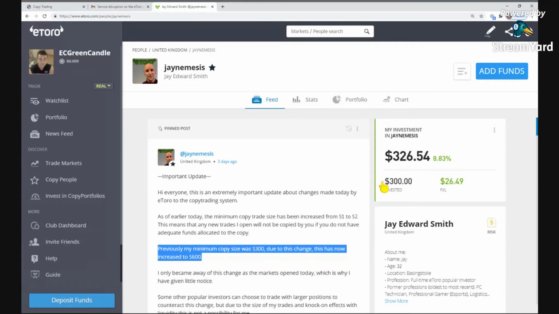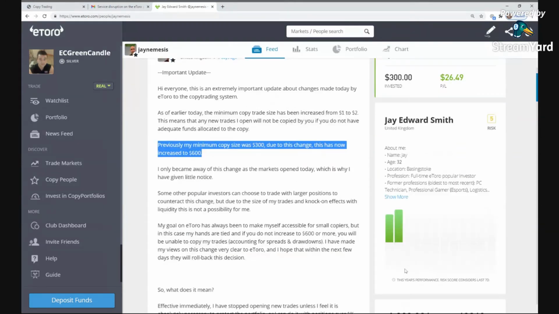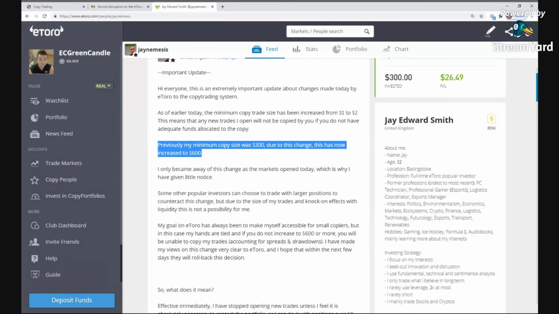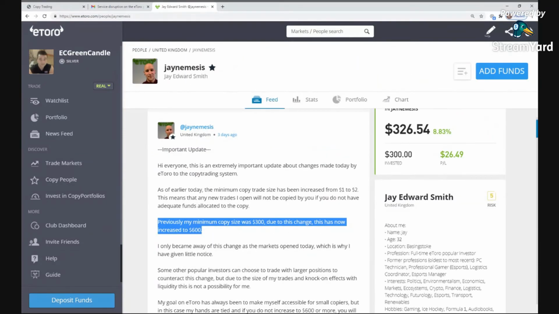So what he's asked people to do is add funds, as his old $300 minimum deposit has now increased to $600. So he's added this here. Okay, you can't copy, there's a copy block on JNemesis, but for existing investors and copiers, you need to increase your trading amount.